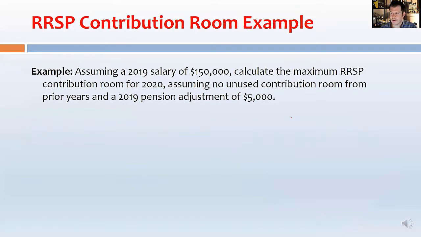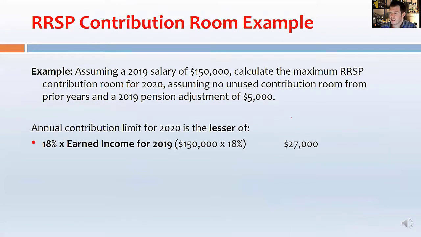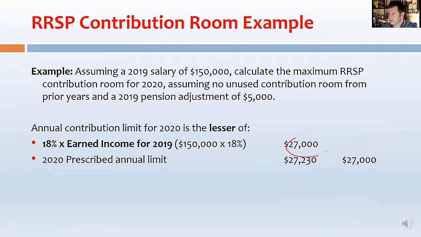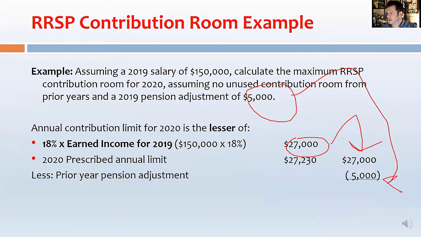Here's an example in which we have a pension adjustment from the prior year of 5 grand. Same thing as we saw before: 18% of earned income, and then the 2020 prescribed limit. The smaller of those two things is 27. Then we have to reduce that by the pension adjustment, which is going to come in down here somewhere. Hey, there it is.